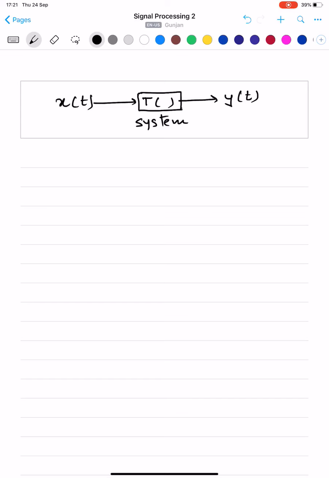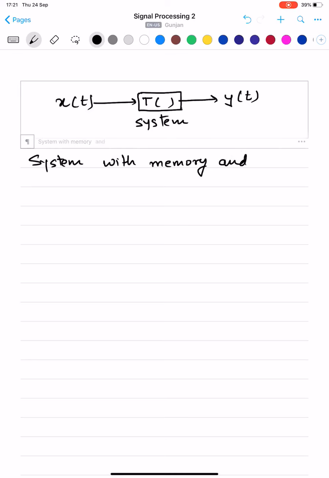The first one is the system with memory and memoryless.